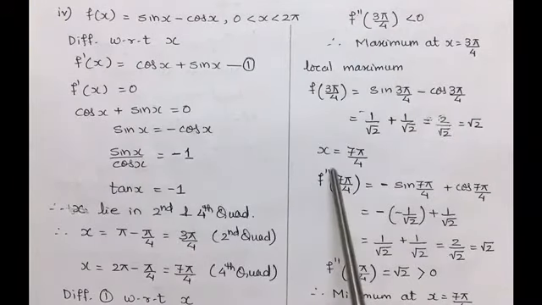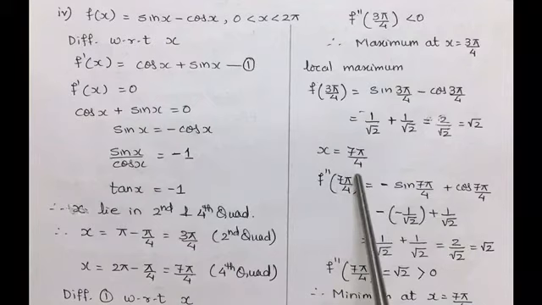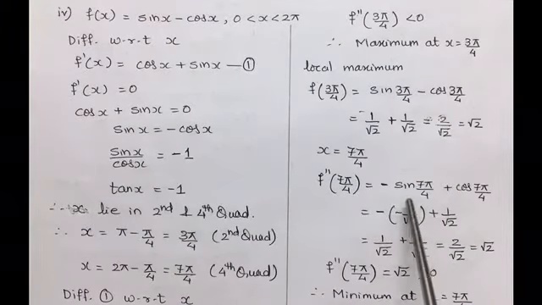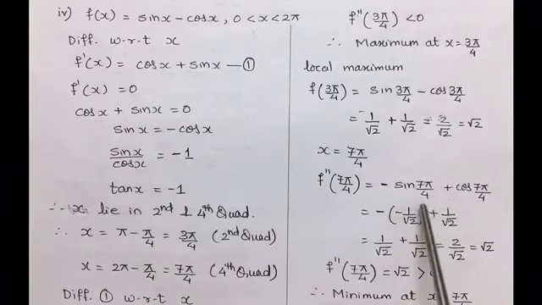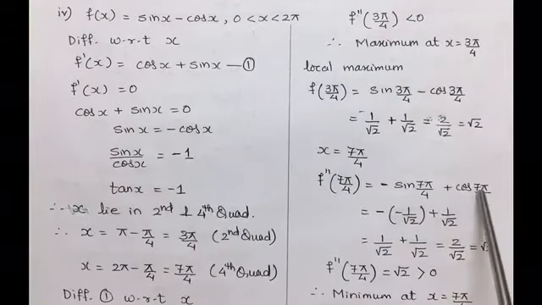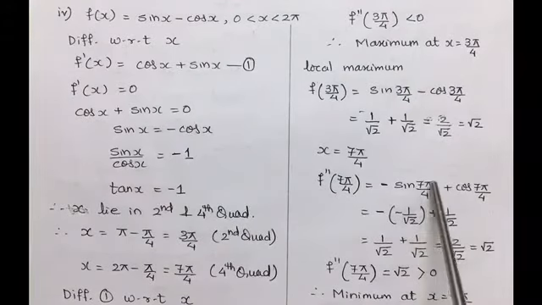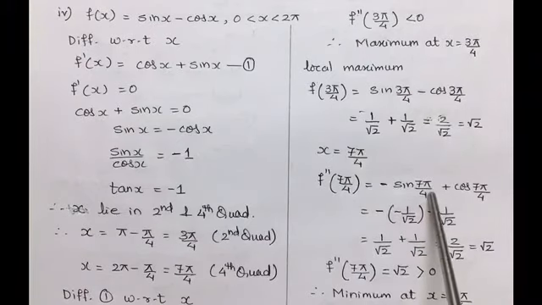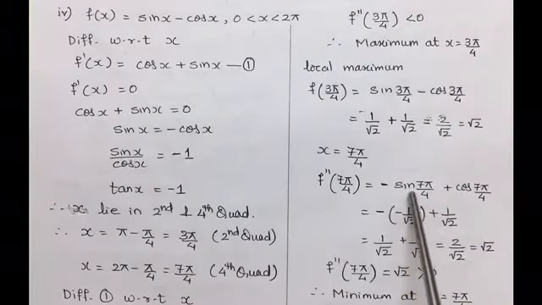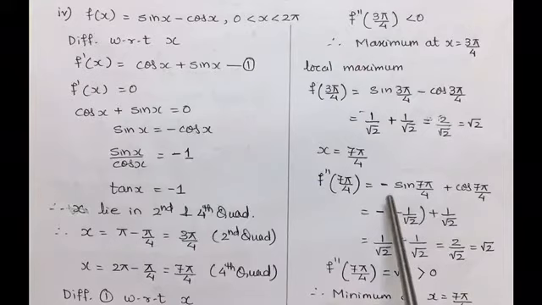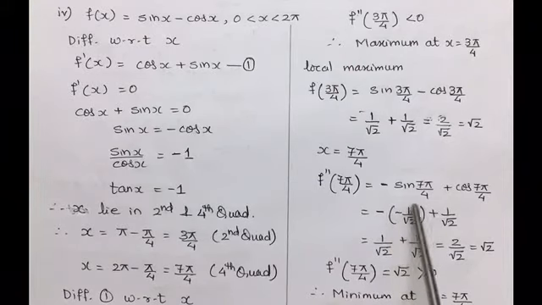Now taking up x equal to 7 pi by 4 and keeping it in the second derivative, minus sin 7 pi by 4 plus cos 7 pi by 4. Now 7 pi by 4 lies in the fourth quadrant. In the fourth quadrant sin is negative, so we get minus 1 by root 2 as the value of sin 7 pi by 4.